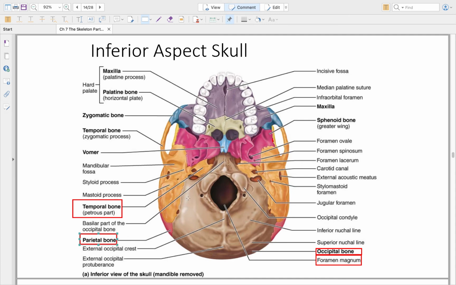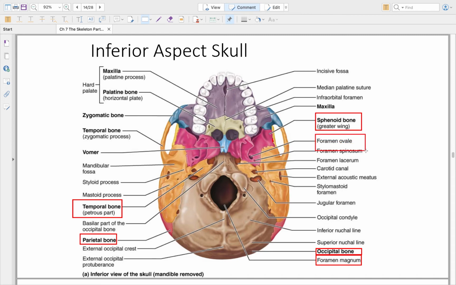Now what we can really see here in hot pink is the sphenoid bone. And you can see some of the foramen, the two foramens that we pointed out in previous slides.